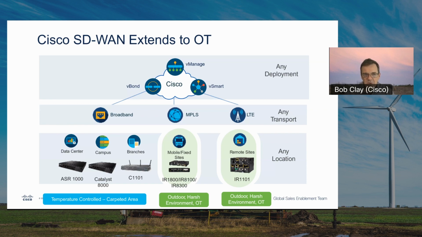And for the transport, you don't want to be limited in how you get from your device across the WAN. We support broadband, MPLS, LTE, and believe it or not, we even have Wi-Fi. You can connect via Wi-Fi, as in this example I used with a truck using Wi-Fi as a backhaul to the building where they can then get to the WAN.